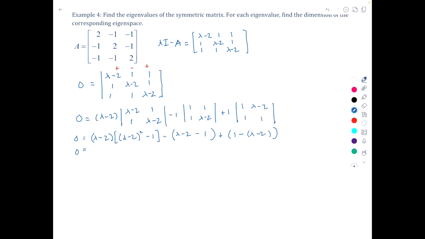So 0 will equal lambda minus 2, the quantity cubed, minus lambda minus 2, minus another, let's see, this ends up being lambda minus 3, that quantity, and then 1 minus lambda minus 2 gives us plus 1 minus lambda plus 2, so we'll have 3 minus lambda.